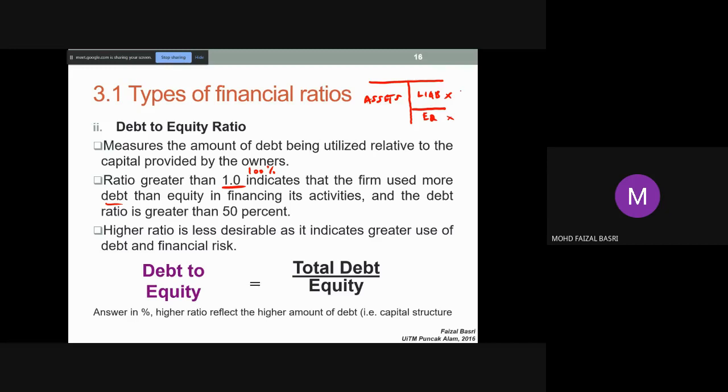Dia terlalu bergantung kepada hutang as compared to their own money, because remember, equity refers to the shareholders punya contribution. The answer will be in percentage, so don't forget to multiply by 100. The higher ratio reflects a higher amount of debt, indicating which side of the capital structure is dominant, either liabilities or equity. Whenever the answer is above 100%, it indicates that the company relies on debt as compared to equity.